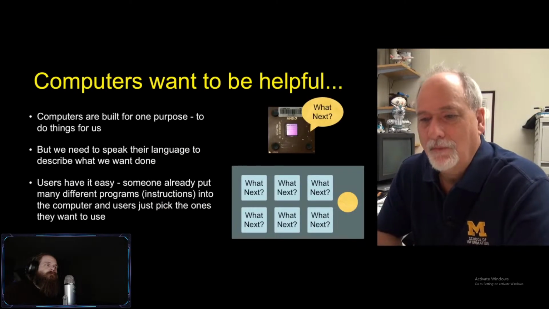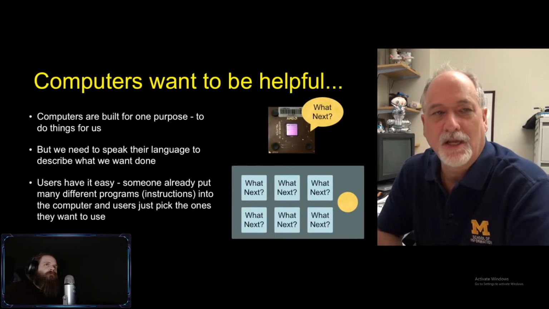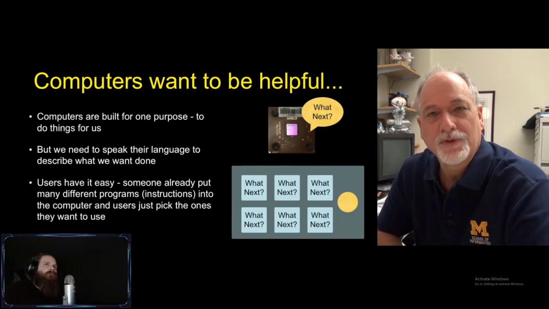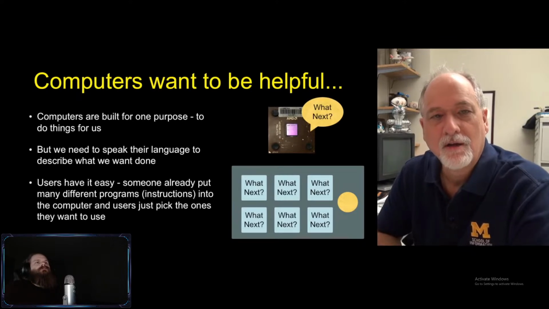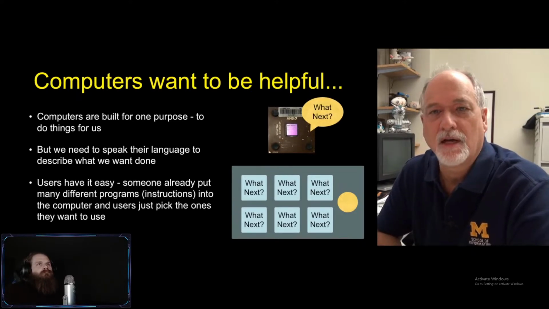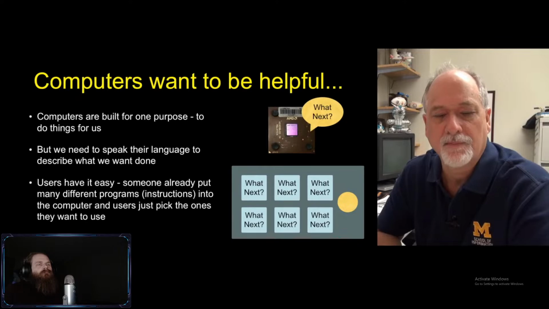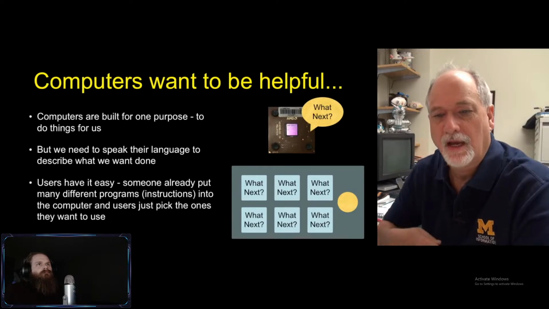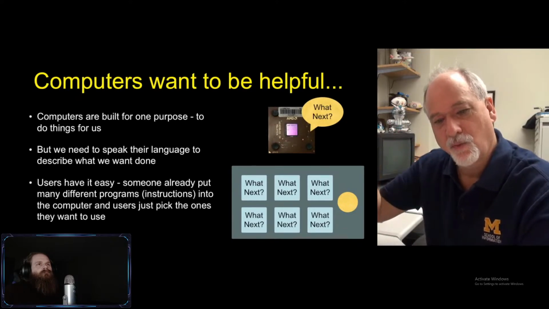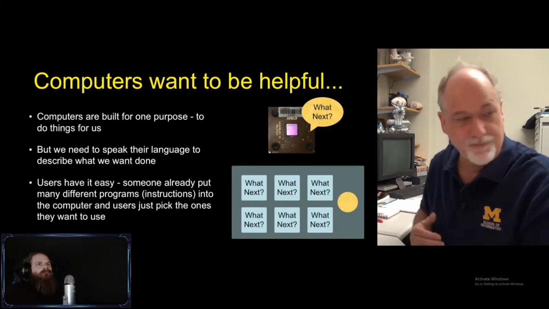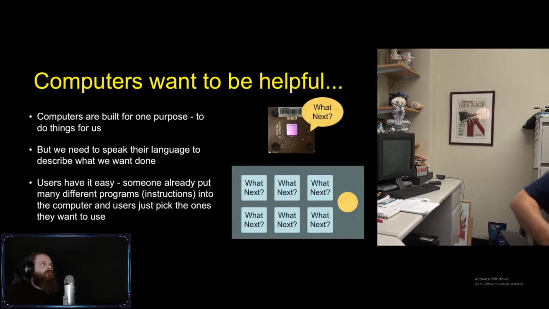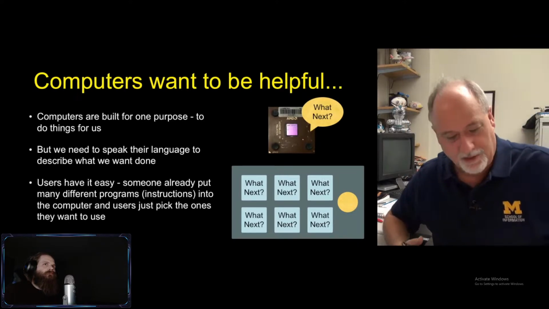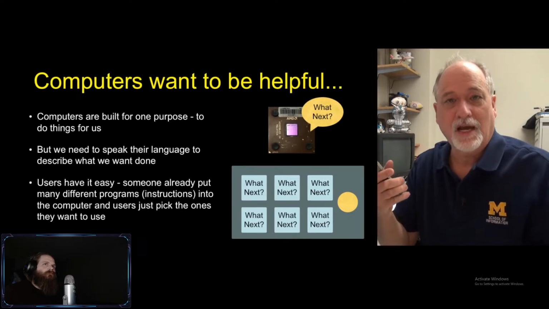So the first thing to understand is that the purpose to learn to program is because computers want to do things for us. They are built and created and designed, and their hardware is set up so that they basically ask us, what do you want to do next? If you grab your phone, it sort of does nothing until you tell it what to do.